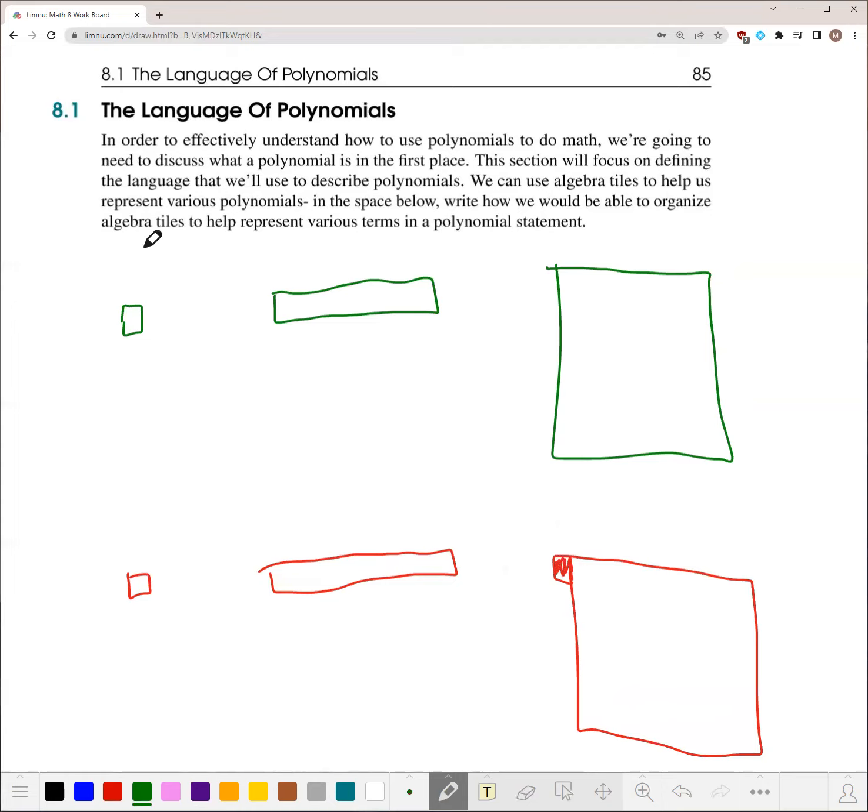We can consider that the smallest building block here is like a value of 1. And down here, when it's red, it's -1. And think about an area model. This is 1 because one side is 1 and the other side is 1. So it's like a 1 by 1, which creates a value of 1 square. Our other one, this side here with our actual algebra tiles we see in class, is sort of a weird mix.